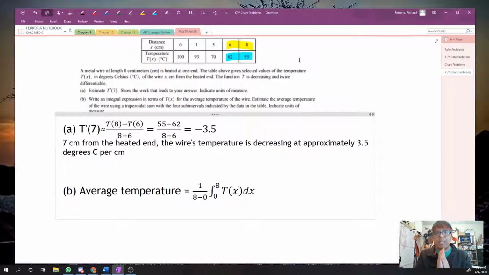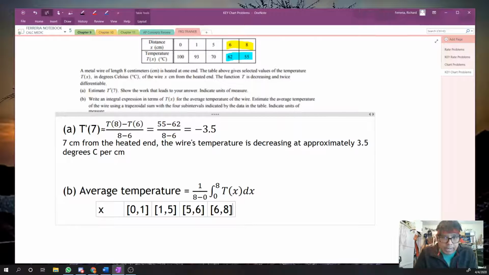I noticed that it said to use a trapezoidal approximation. So this is going to be a little bit different than what we did before, but the style is still going to be the same thing. First of all, let's get our intervals of X. Check to make sure I didn't skip anything. You know that you didn't skip anything if you see a repeat in those X coordinates. So let me show you what I mean by those repeats.